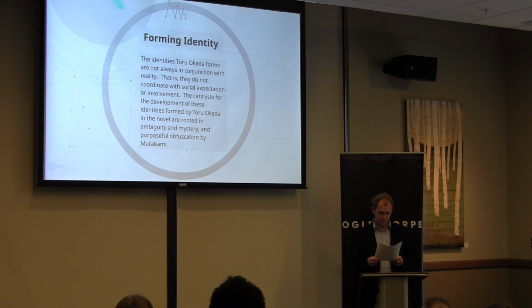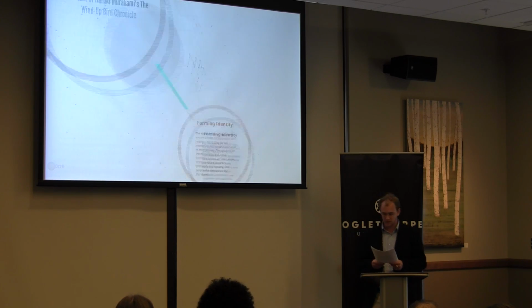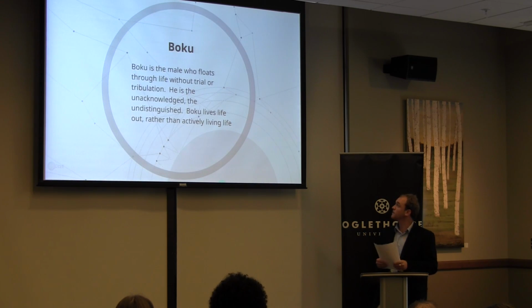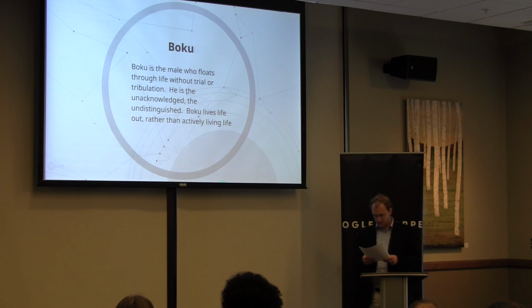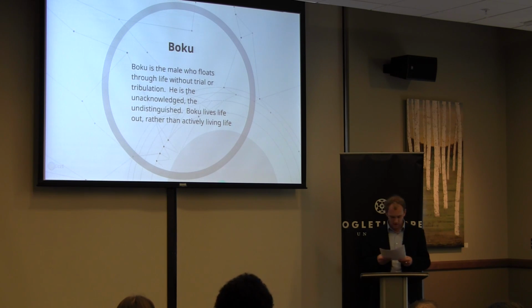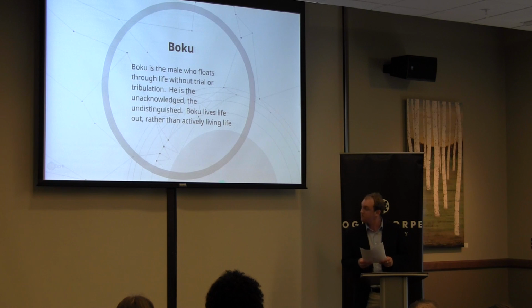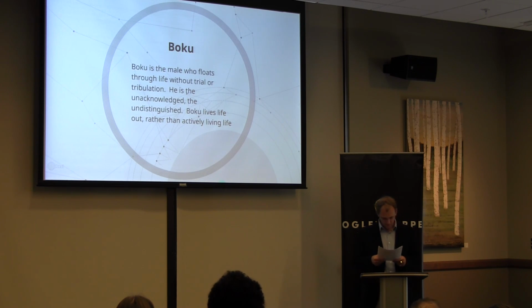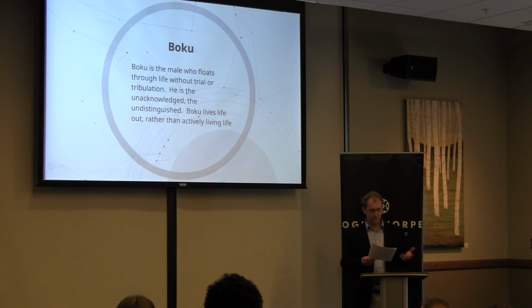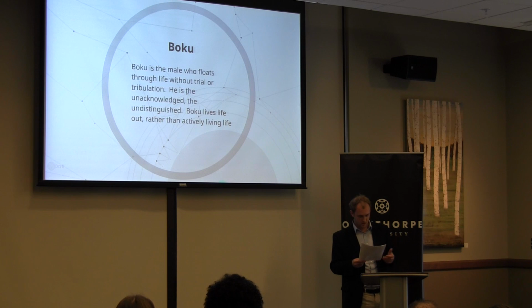When we examine this subject, Toru Okada, we are confronted with the boku concept in modern Japanese society. It is within this context that the protagonist of The Wind-Up Bird Chronicle moves through life. Toru Okada quits his dead-end job and lives off of savings in the beginning of the novel. He looks at want ads, but perfunctorily.